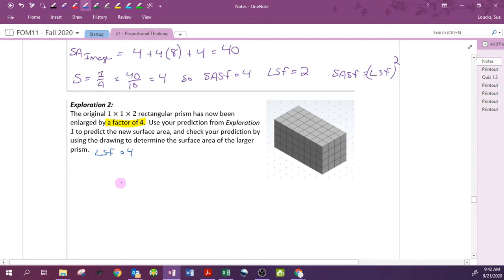We have those equations where image is the original times the scale factor. So the surface area of the image equals the surface area of the original times the scale factor.